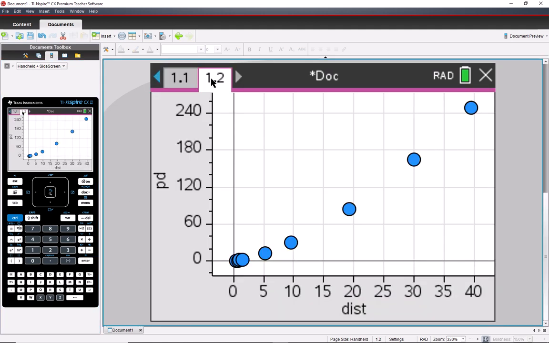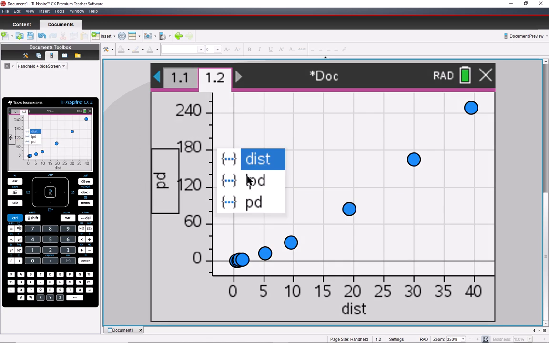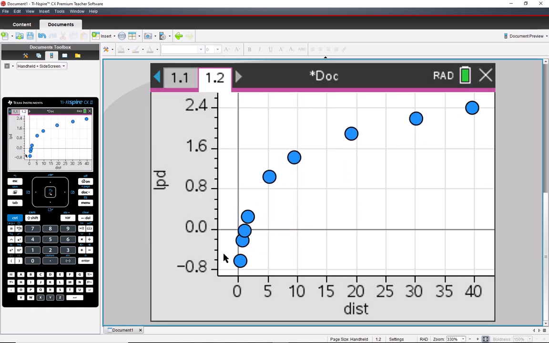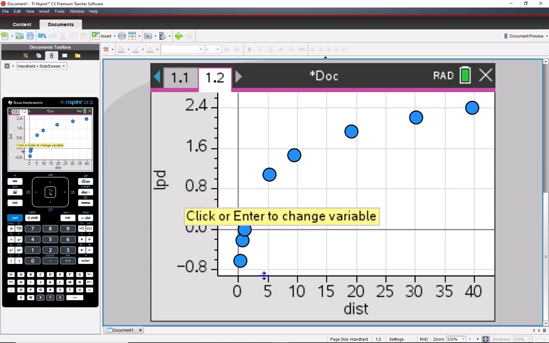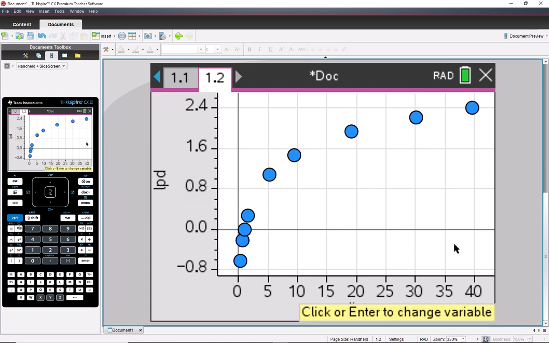So let's change the output from PD to LPD. And wow, that did not straighten things out. Looks really curved. It looks almost logarithmic, but we have straightened out whatever the output is. That means that the curve is now pretty much all assigned to your input.